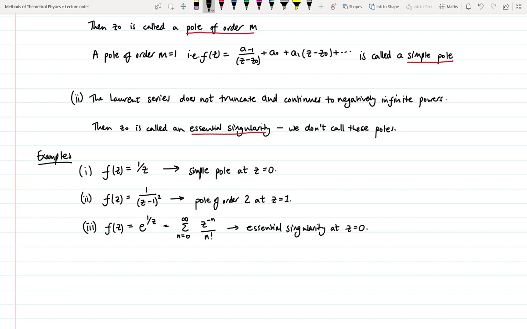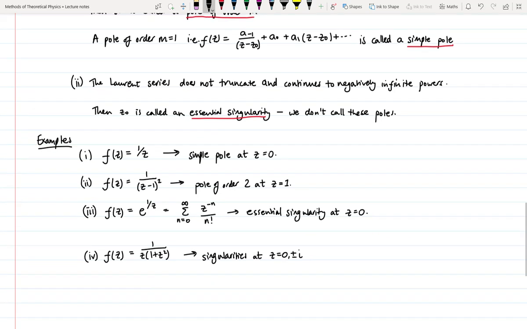To finish this discussion, we'll look at a slightly more complicated example. F of z is 1 over z times 1 plus z squared. Again, looking at when the denominator equals 0, we spot that this function has singularities at z equals 0 and plus or minus i.